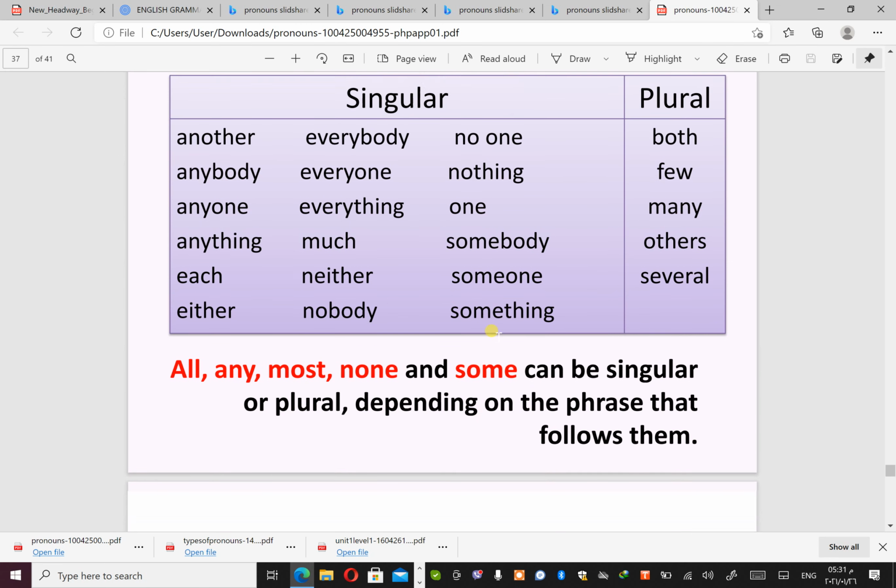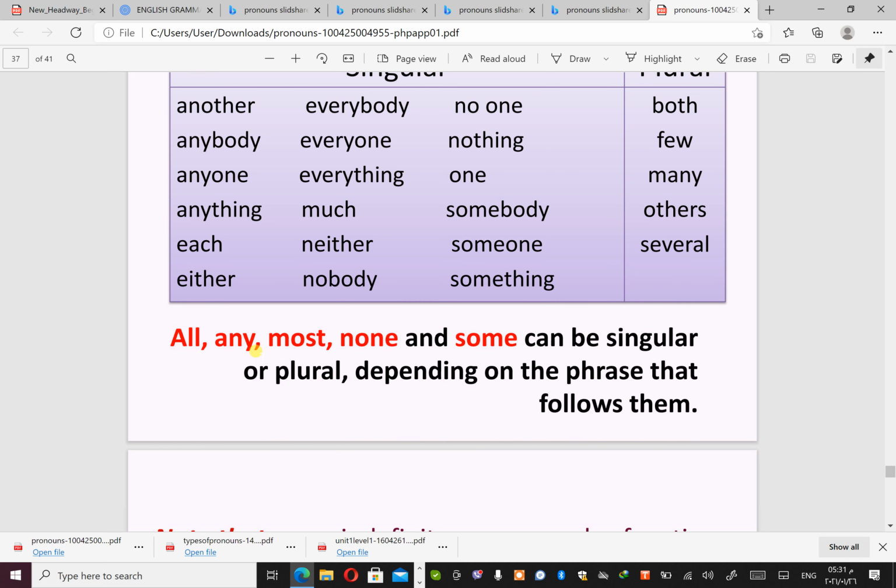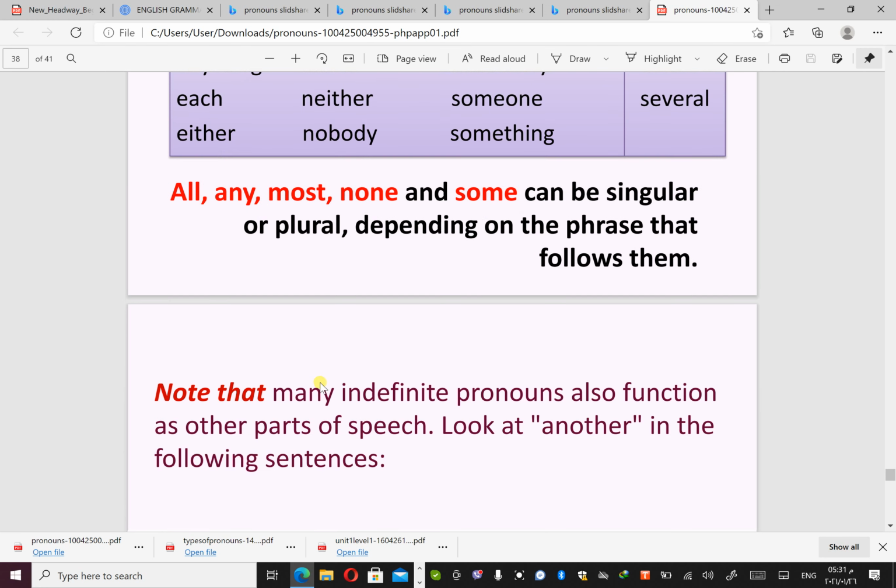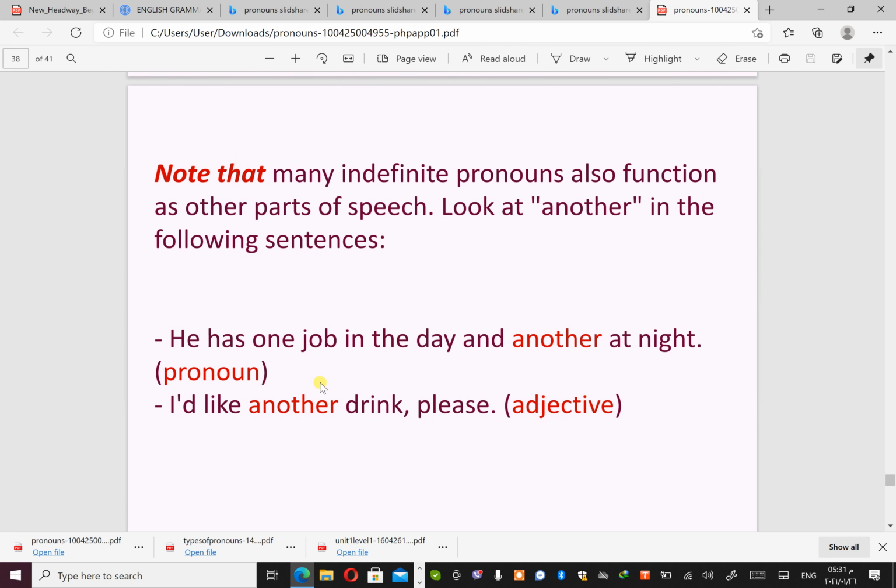All, any, most, none and some can be singular or plural, based on what? It depends on the phrase that follows them. So you have to be careful.